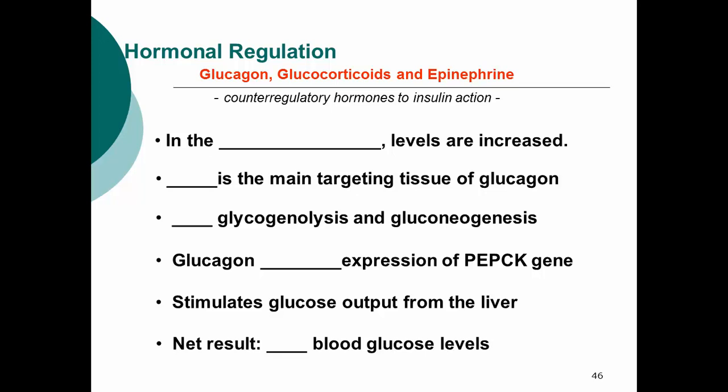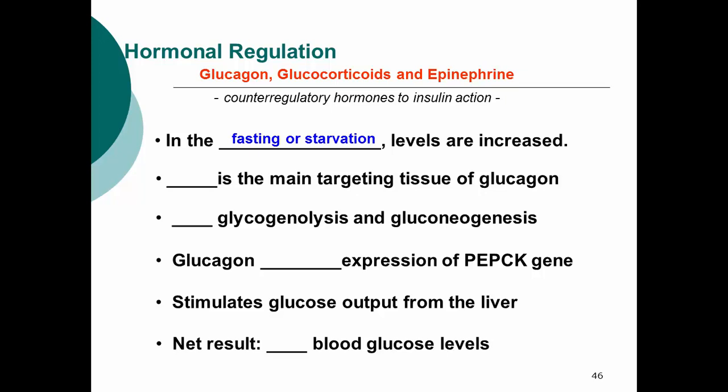So in which physiological condition do we expect the levels of these hormones to be increased? Fed or fasting? Fasting, yes. So during fasting or starvation, the glucagon, epinephrine, or cortisol levels will be increased.